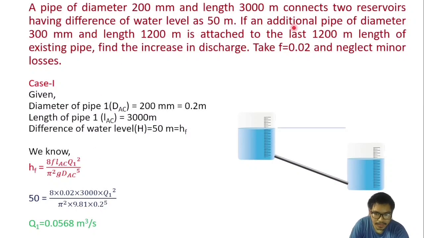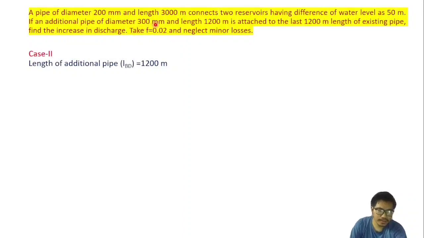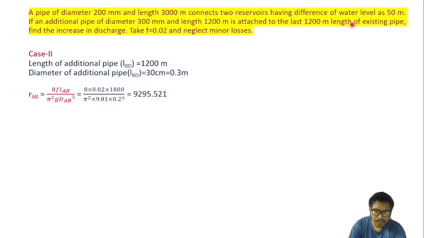So this is 50 meter here. This is A, this is C. In the second case, if an additional pipe of diameter 300 millimeter, that is 0.3 meter, and length 1200 meter is attached to the last 1200 meter length of existing pipe, find the increase in discharge.